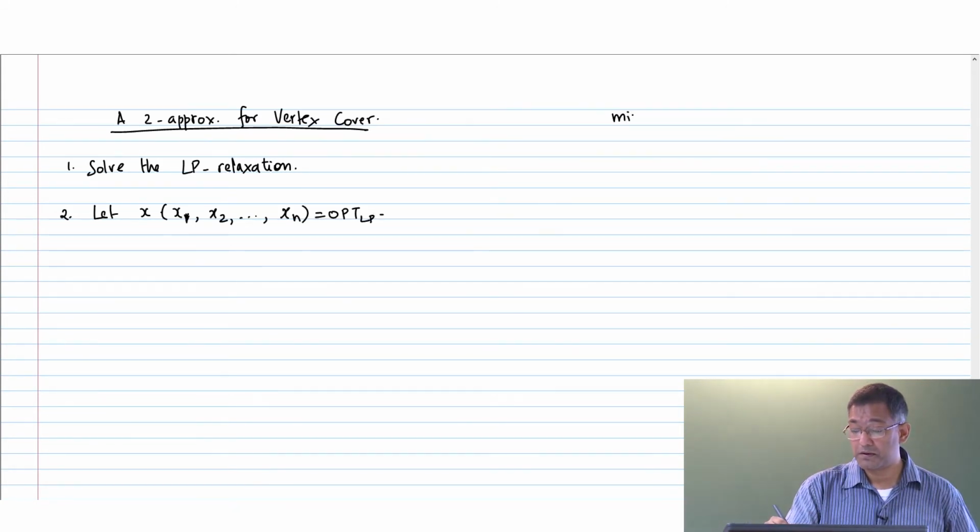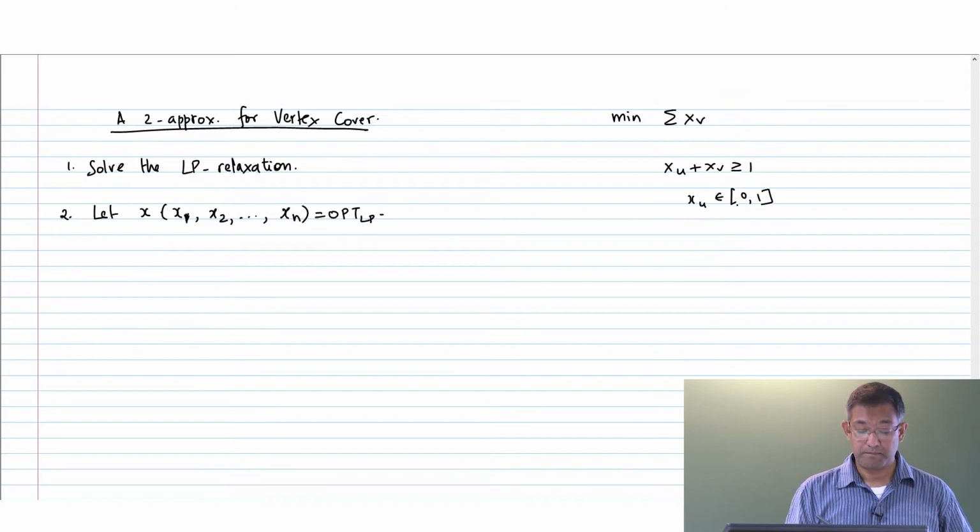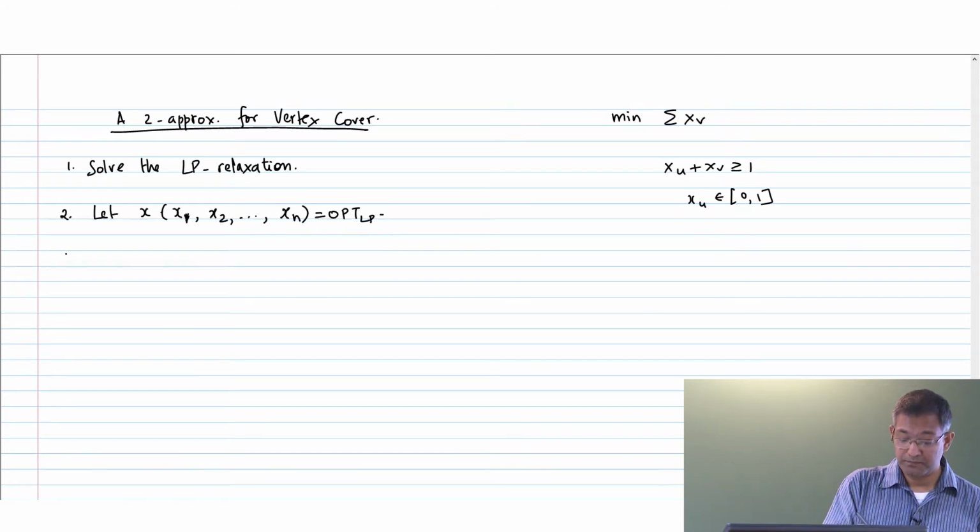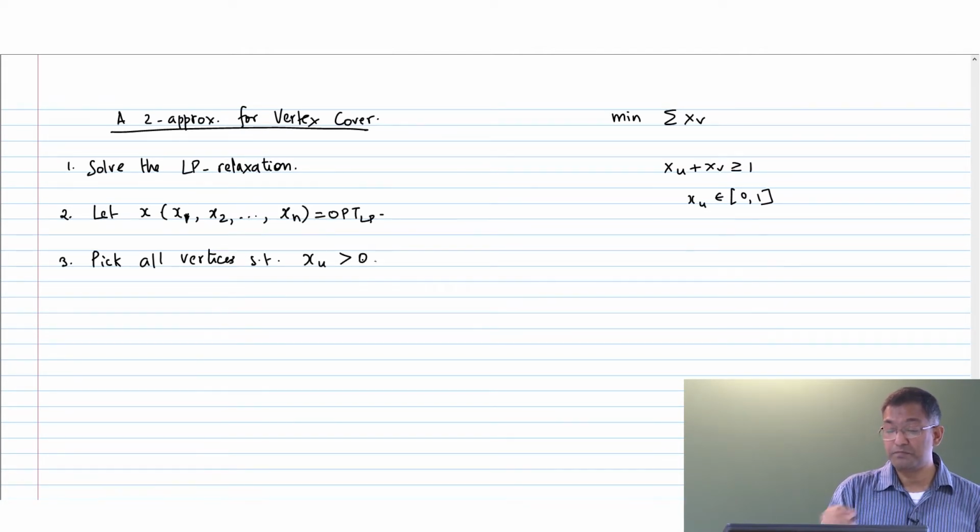So, the linear program is the following. Pick all vertices such that XU is strictly positive.